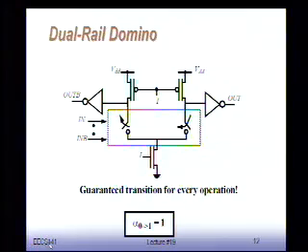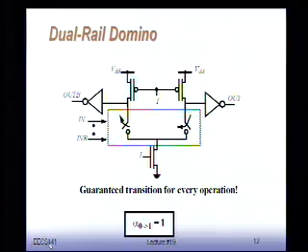Because now I'm differential, you pre-charge both outputs to 1, and you're sure that at every clock cycle, one of the two is going to go to 0, either the left or the right one. So your switching probability becomes equal to 1. Dual rail domino is good for performance, but it's not very healthy if you're concerned about power. Anything which is differential is not very good for power, because you basically double your activity.